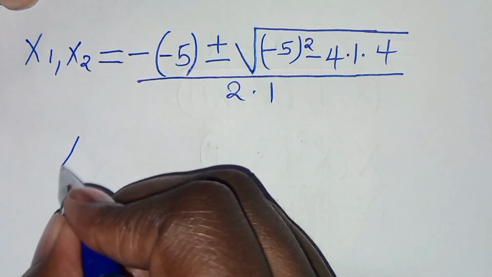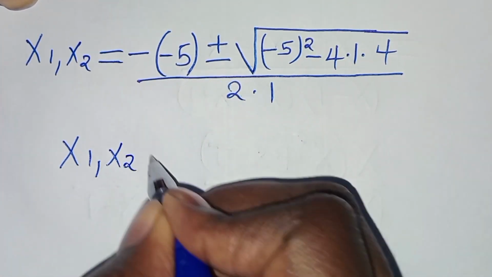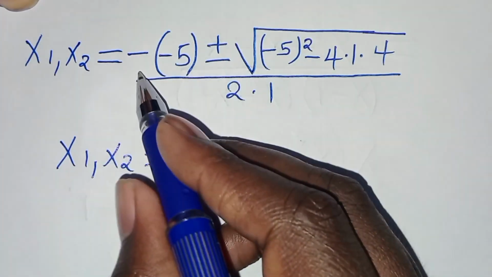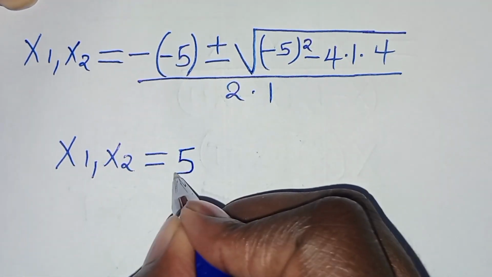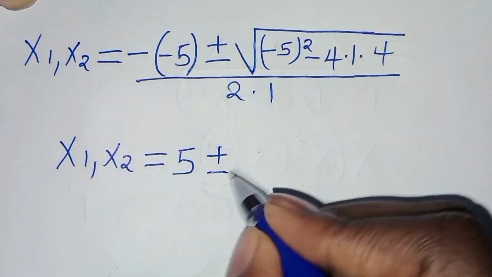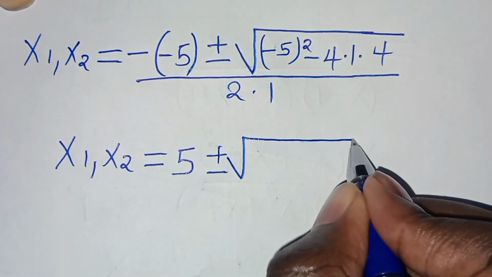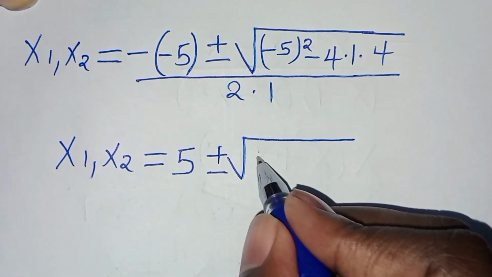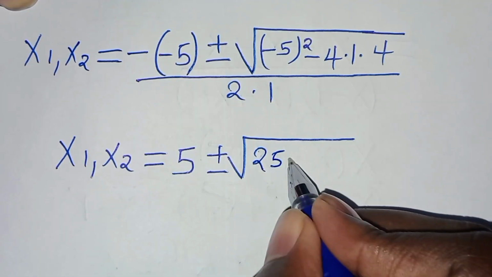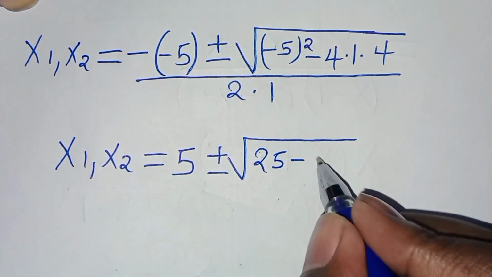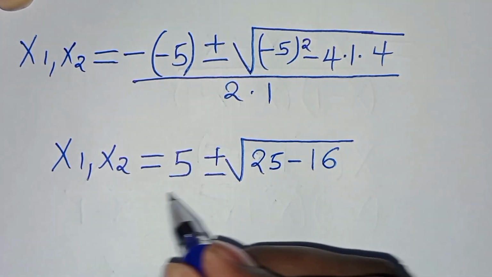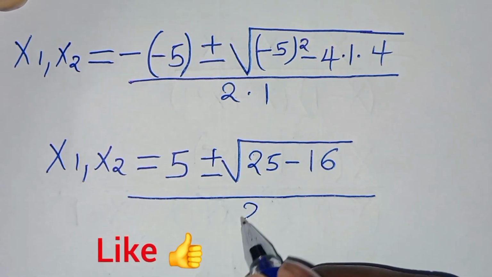Now we have x1, x2 equal to minus times minus 5, this is 5, plus or minus the square root of minus 5 squared, this is 25, subtract 4 times 4, this is 16, all divided by 2.